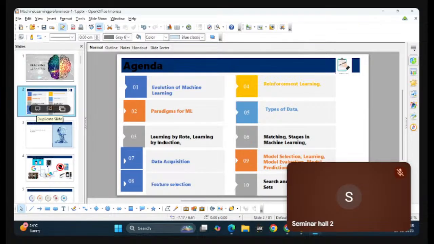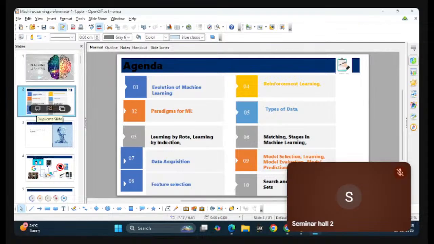Write the first topic: evolution of ML, in brackets, history. Evolution of machine learning.